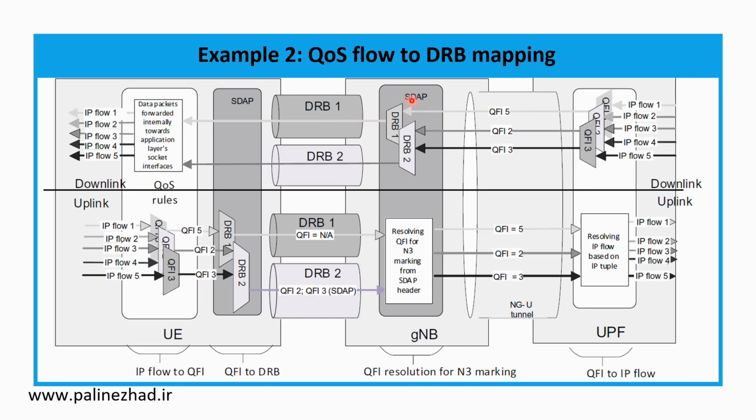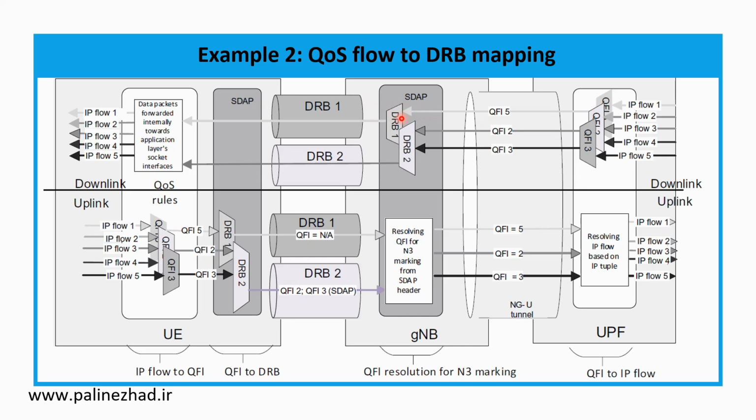So we need a SDAP in two cases. One is when we need multiplexing, or as we saw in the previous slide, for mapping, and the other is if reflective QoS is enabled in case of just one flow.